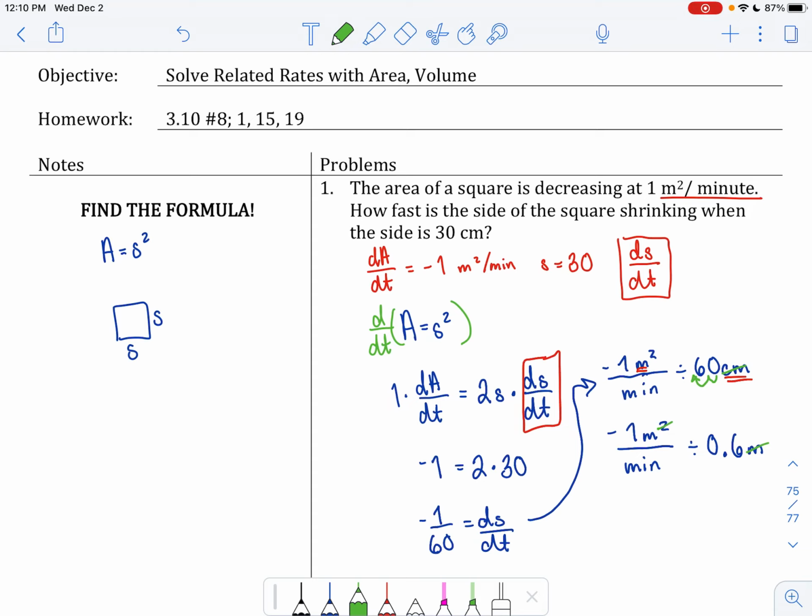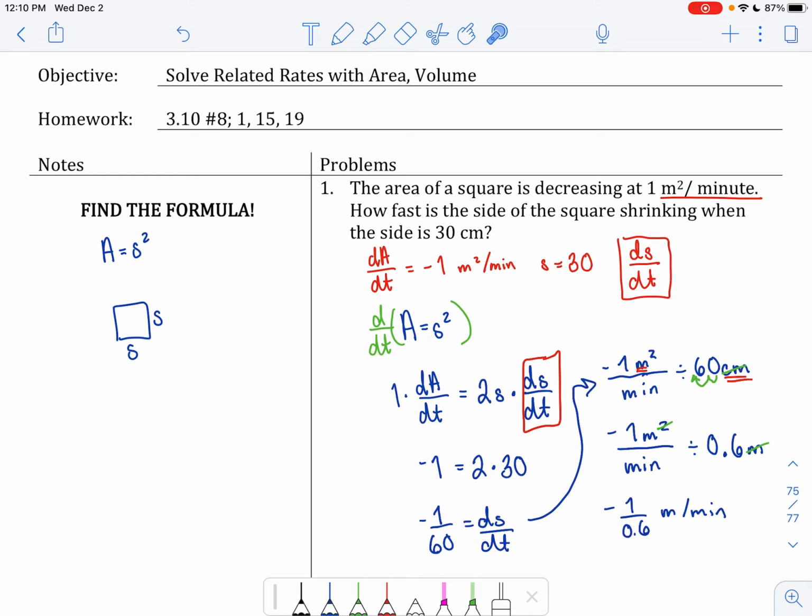The meter squared and the meter will cancel out with the division, and this will then make sense in terms of what an actual unit would be, which would be -1 over 0.6 meters per minute.